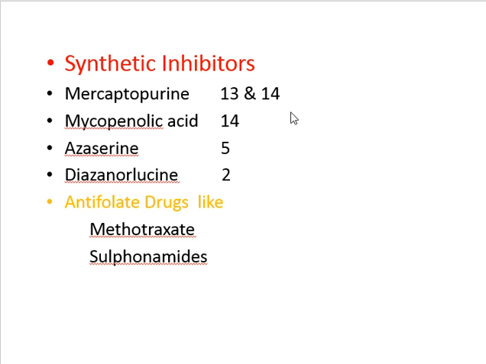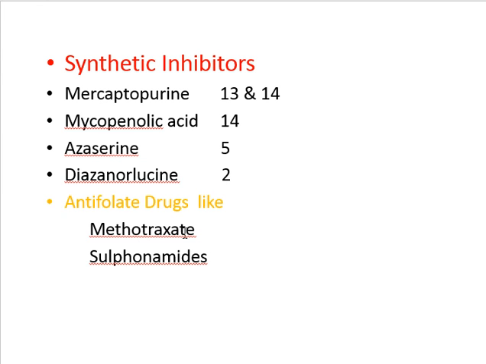If you see the diagram of de novo synthesis of purine nucleotides from the book Harper's Biochemistry, the reactions are numbered. These numbers show the reactions which are inhibited by the respective synthetic inhibitor.